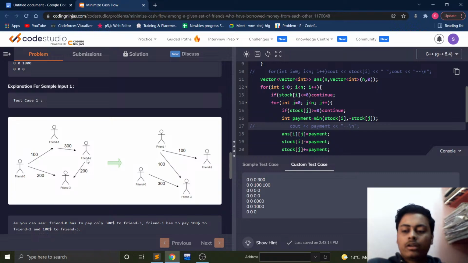How much? 300. Fine. 1 will give 200 and 1 will give 300. Got 100. Got 100. Yes, that is correct, I think. Let's try to submit this.